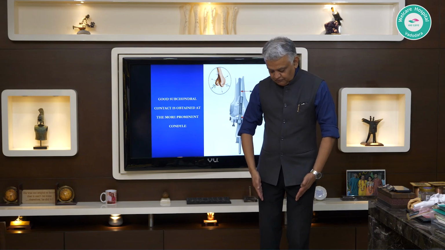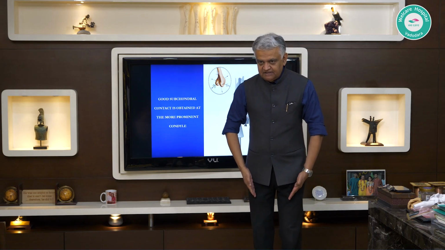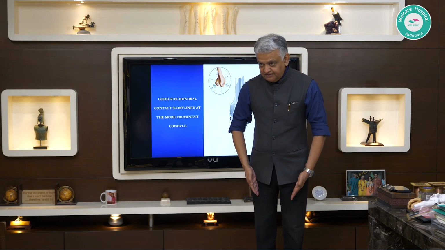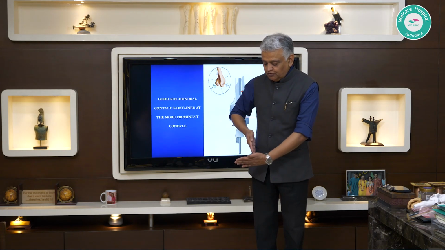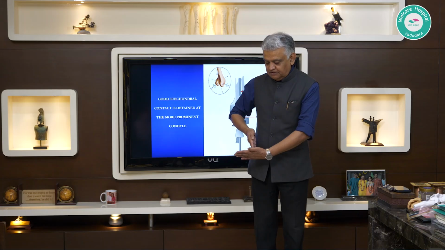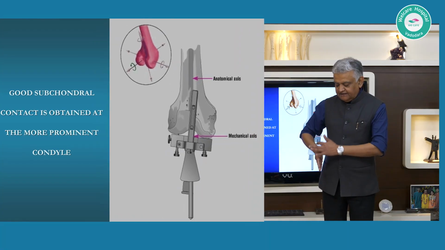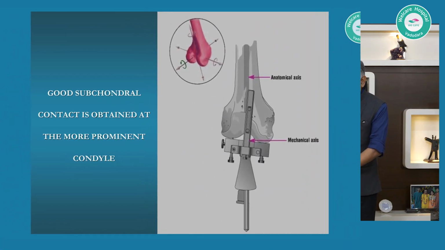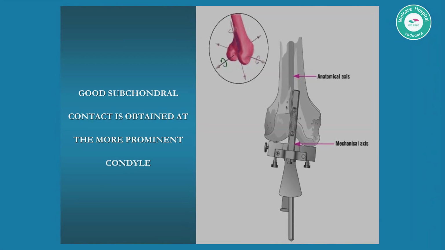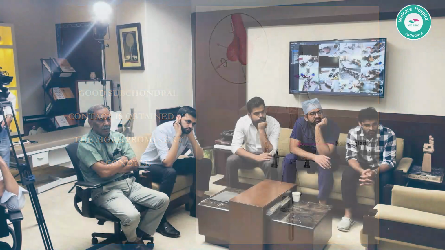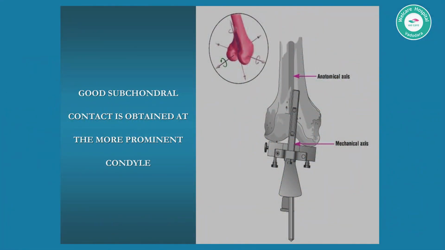If I was only using my anatomical axis, and I am going to do a 90-degree cut to the distal femur, 90 degrees to the anatomical axis, then the bone cut would be oriented like this, and my mechanical axis is coming from here. So whilst my bone cut is oriented at 90 to the anatomical, it is not oriented at 90 to my mechanical axis.